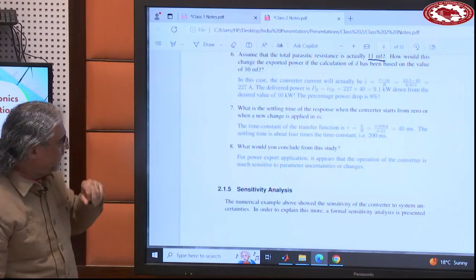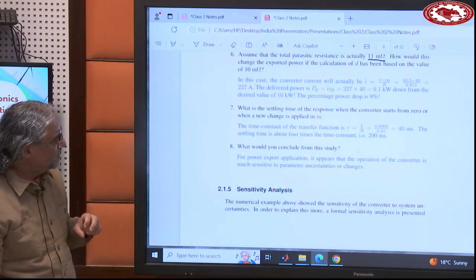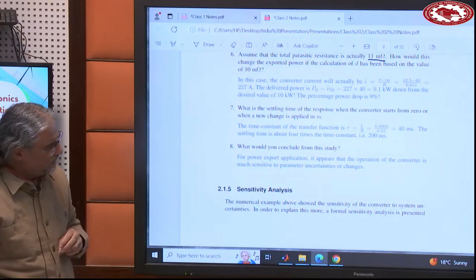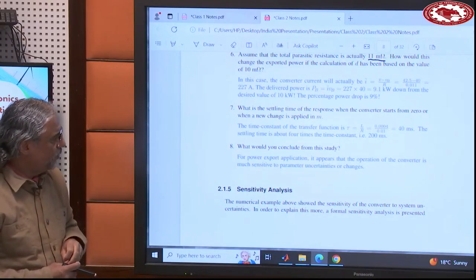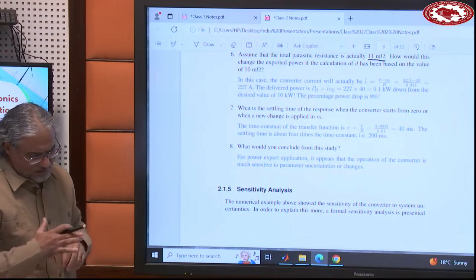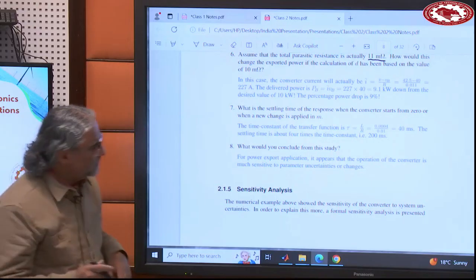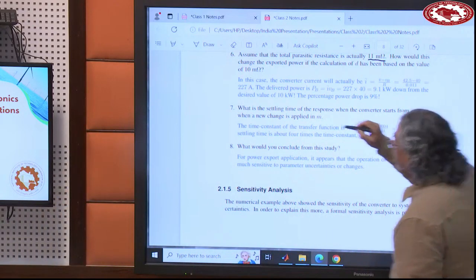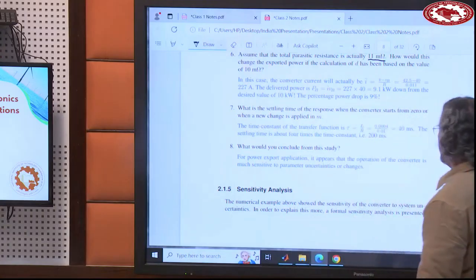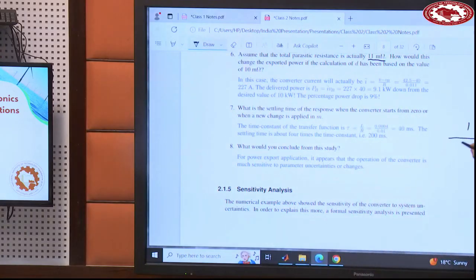But before going there, it also asks, what is the settling time of the response when the converter starts from 0 or when a new change is applied? If you look at the transfer function of this system, it has 1 over Ls plus R in it. And tomorrow we go into details of that.